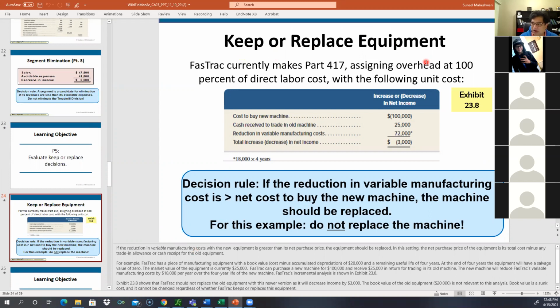If you get enough reduction in variable cost and it is greater than the net cost to buy the machine, then you should replace it. Otherwise, you do not, right? So if you're replacing the machine, you're hopefully expecting a certain amount of savings in cost. Otherwise, there is no need to replace it, right? So if you expect certain savings in cost and those savings are more than the net cost incurred for the machinery, then replace it.